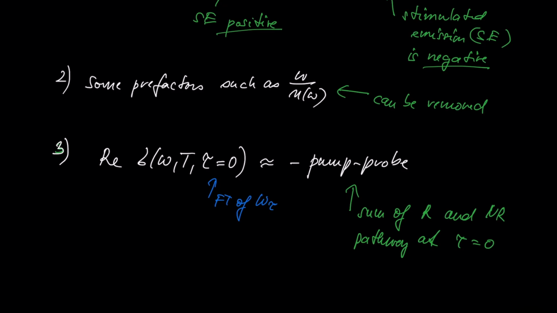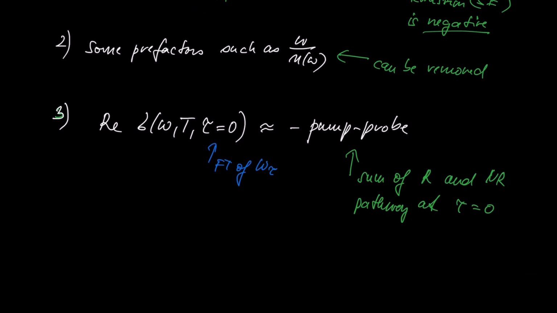Okay, so this last thing is the most important, because now we can actually write out how this real part of the sigma at tau equals 0 looks like. So this is minus pump probe.